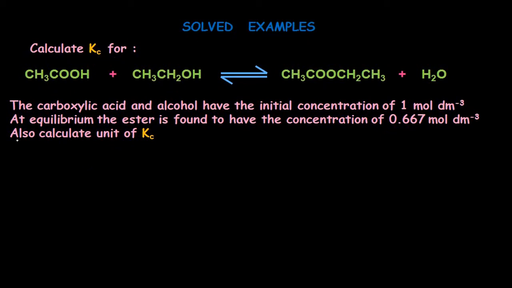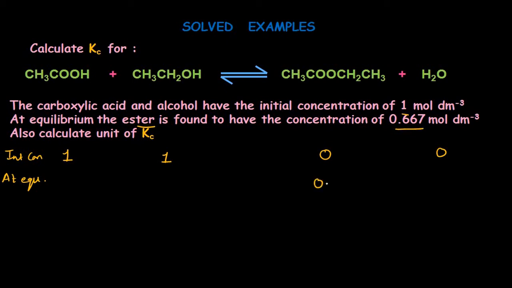Now if you look at the reaction, the initial concentration for CH3COOH is given here as 1 mole per dm cube of ethanoic acid and 1 mole per dm cube for ethanol, and the initial concentration of both the products should be 0. But at equilibrium, the concentration for the ester is given, that is 0.667.